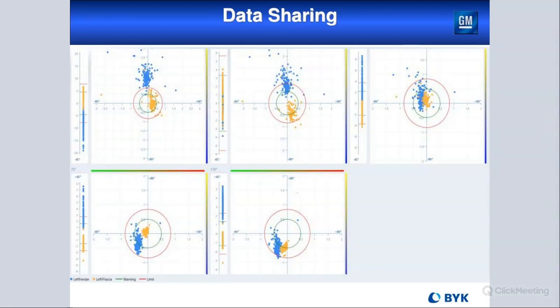But then we get to the 75 and the 110 angle, and we're looking much closer to harmony. So depending on when I look at this vehicle, I could have different opinions on if it's harmonizing or not harmonizing, depending on the angle I'm seeing at the time I look at it. So it's important that you collect all this information so you can look at it later if maybe your visual assessment changes.